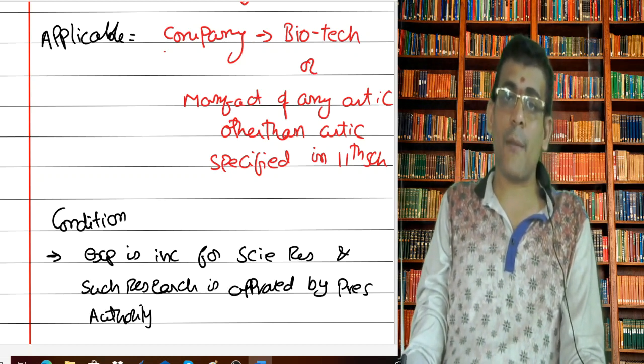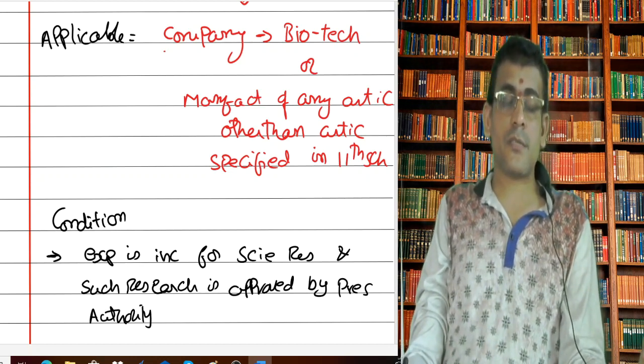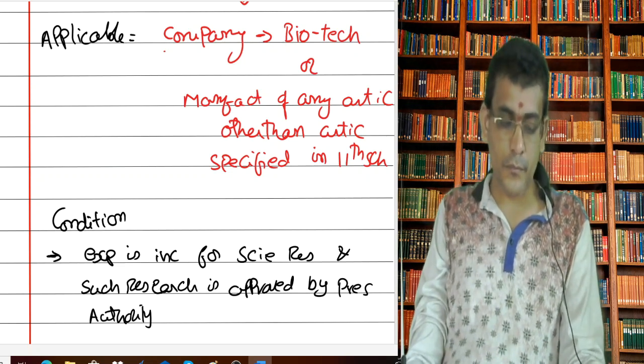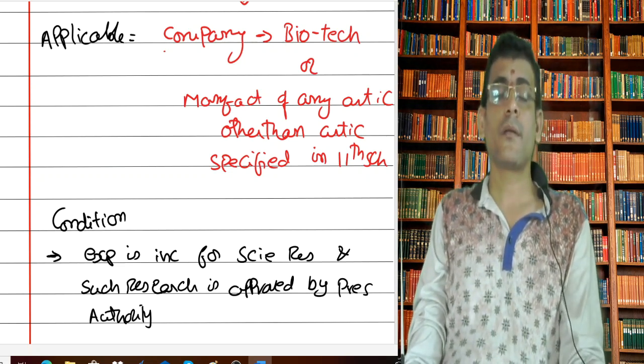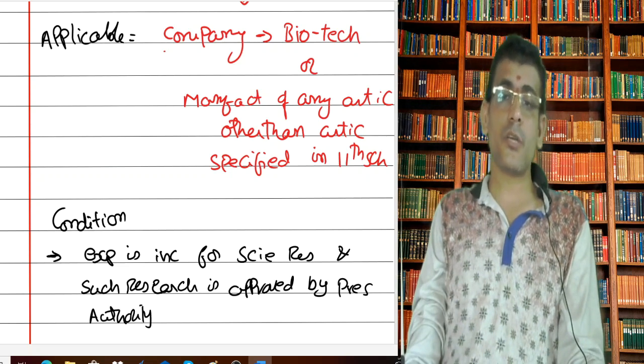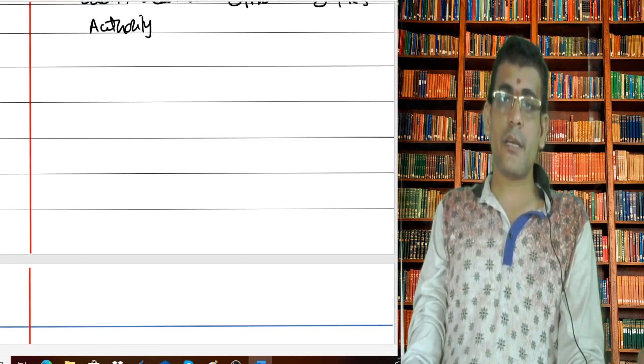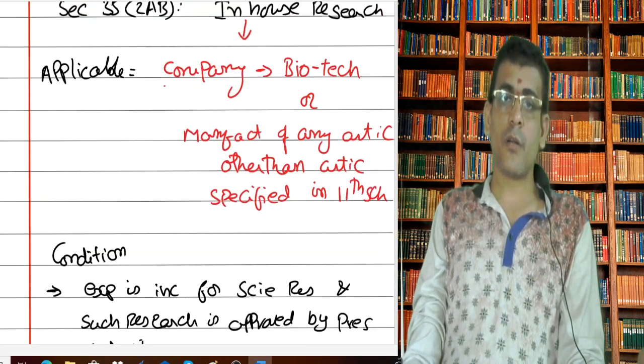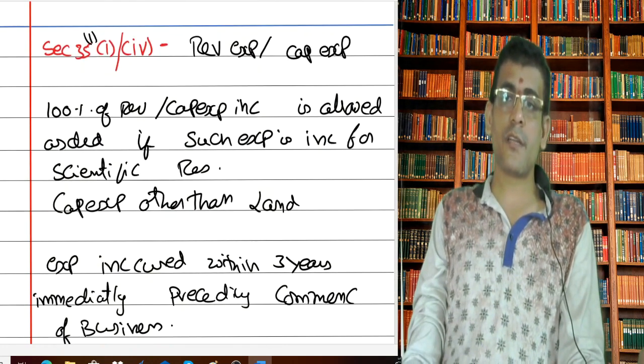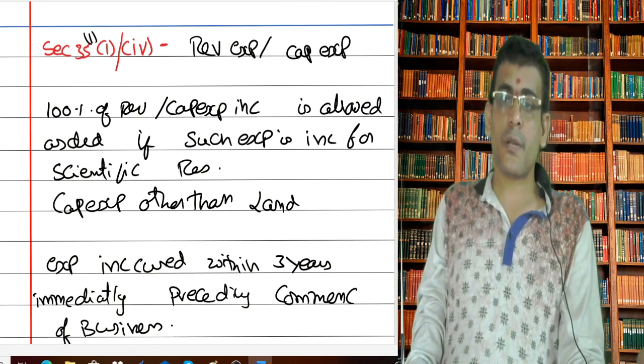So again, section 35 2AB is applicable for whom? A company which is either doing biotechnology or engaged in manufacture of any article or thing. That is the applicability. Condition number one: that company is incurring expenses for scientific research, and the scientific research is approved by the prescribed authority.